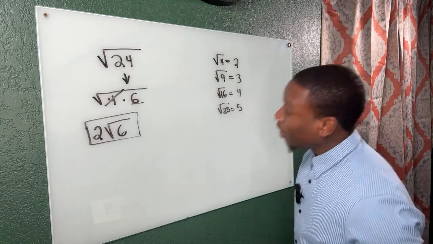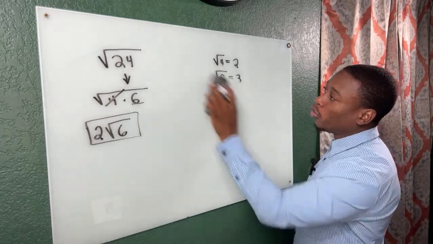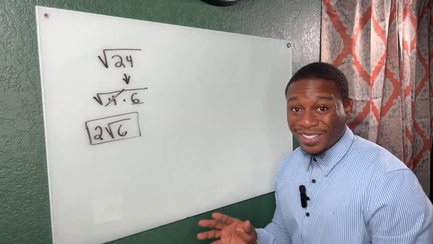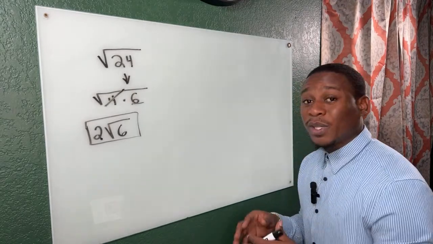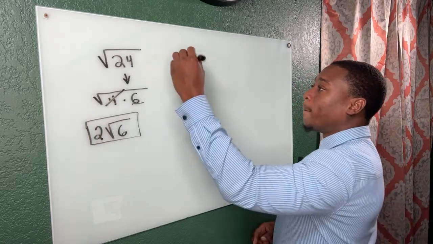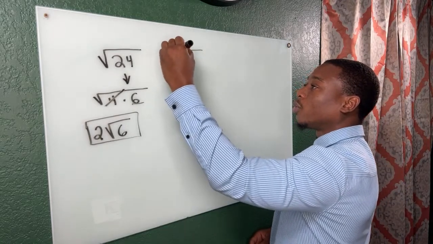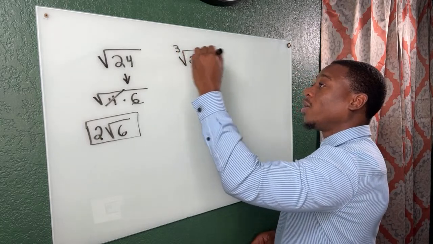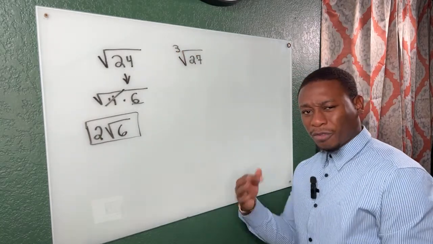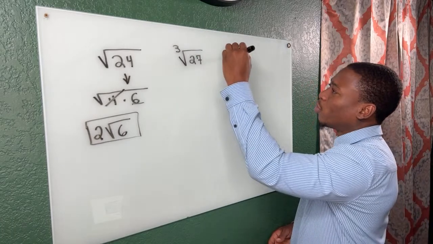Now, let's say we were talking about cube roots. And that's another reason why this video is going to be helpful, because we're going to touch on cube roots. I know teachers normally don't spend too much time on those. But let's say we had the cube root of 27. So what we need to know, and I only know the first cubes, these are the most common.